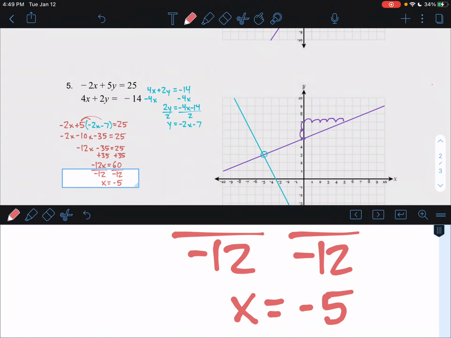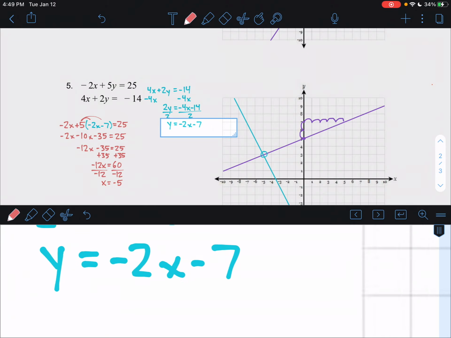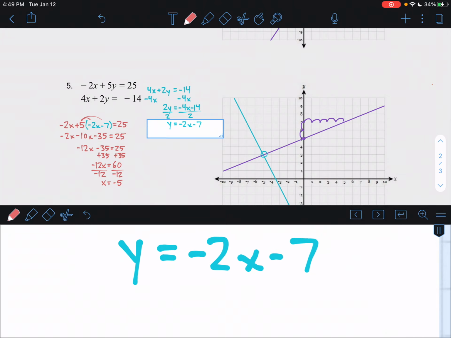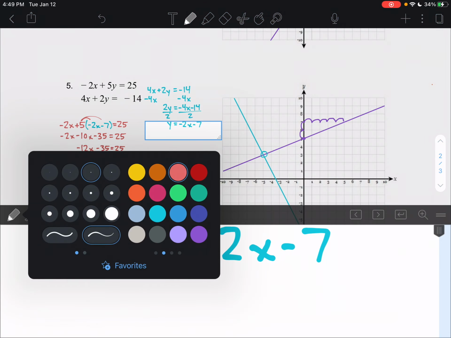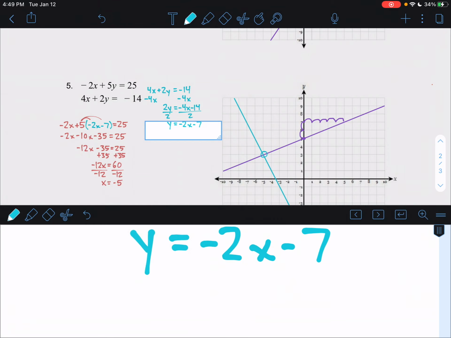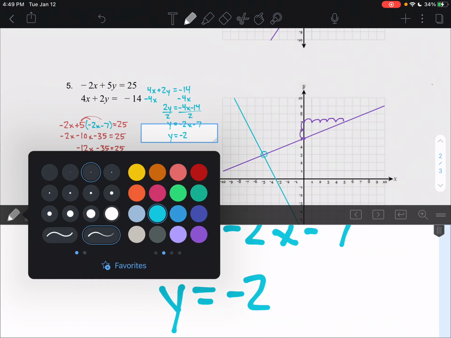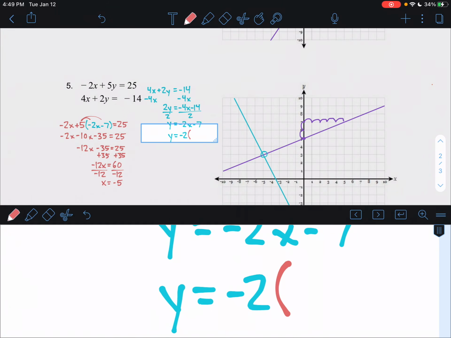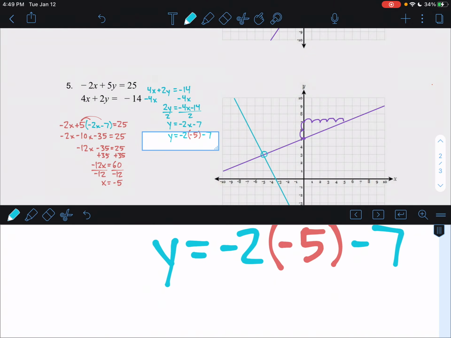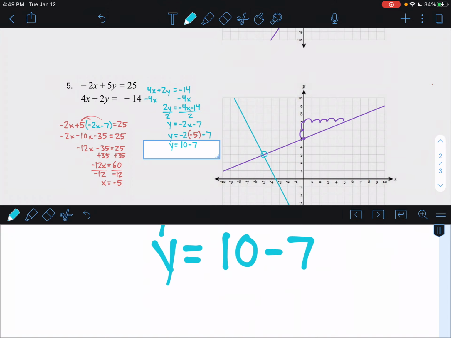So I got my x, now I need to get my y. I'm going to use this equation to do that. So I have y equals -2 times x, but x is -5, minus 7. -2 times -5 is positive 10, minus 7.